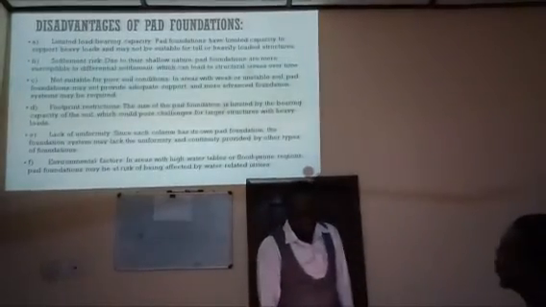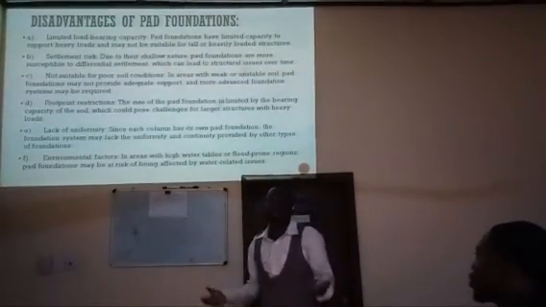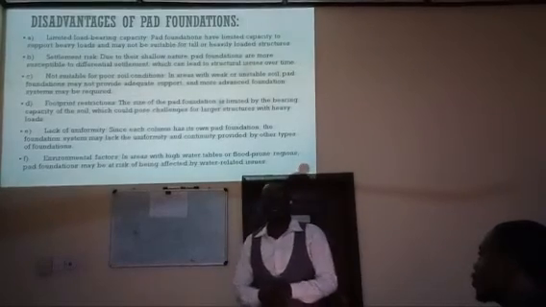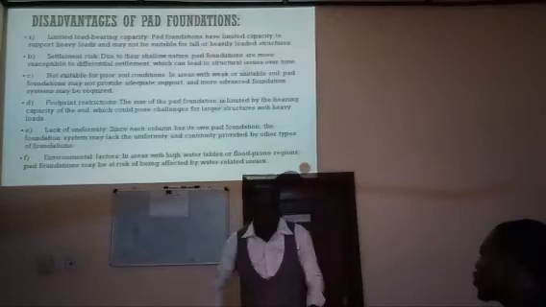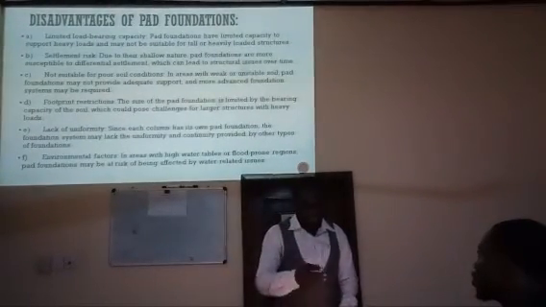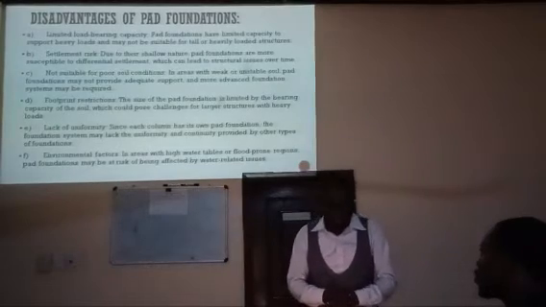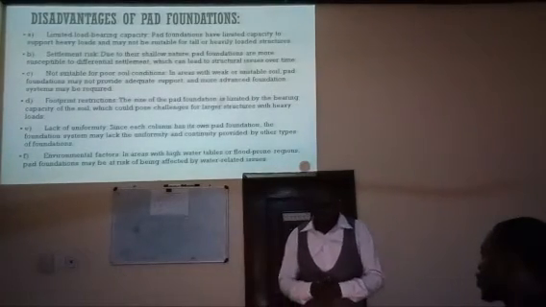Then footprint restriction. The size of the pad foundation is limited by the bearing capacity of the soil, which could pose challenge for larger structures with heavy loads. The next disadvantage is lack of uniformity. It's not always uniform in the sense that you can put, for example, a 225 by 225 column here.